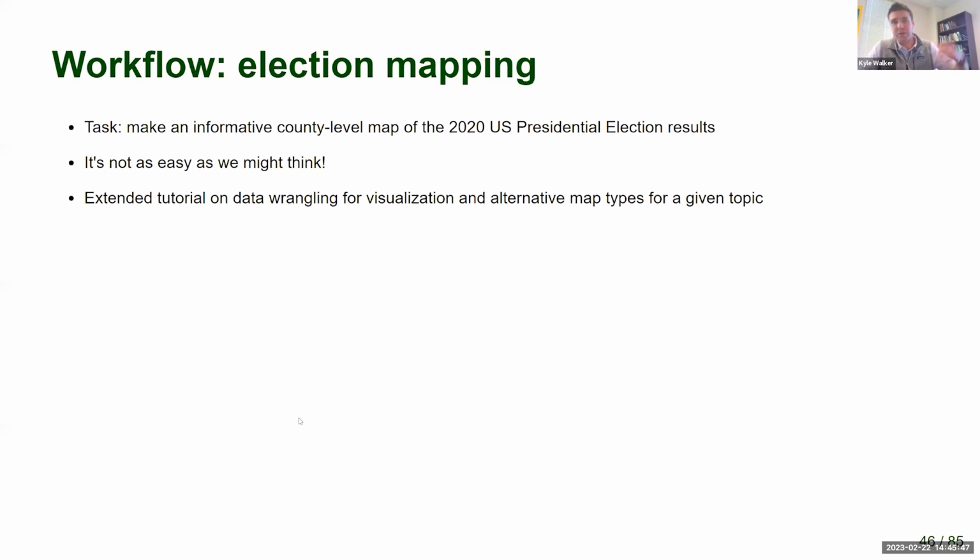You might think, okay, let's just grab some county data, grab some election data, merge, make a map, just like we did before. It's not that easy, unfortunately. It's a little more complicated. And so I want to step you through a workflow here. If you don't understand everything that's happening, I wouldn't worry too much about that. We're going to experiment with it and walk through it.